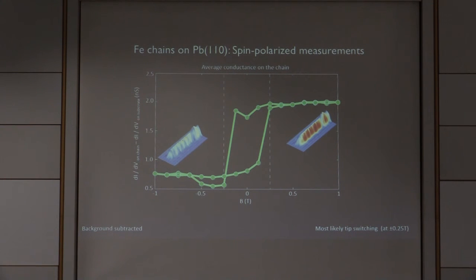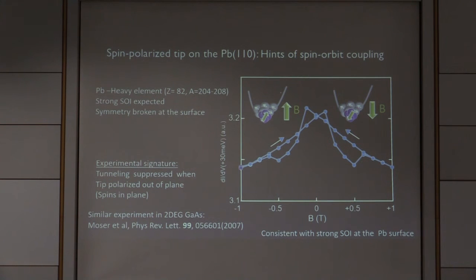So the next thing which you would like to have is a strong spin-orbit coupling, and Leonid already gave some arguments. I will just repeat them here. Lead is a heavy element, and you expect strong spin-orbit coupling just based on general arguments, like symmetry breaking at the surface combined with the large atomic number.